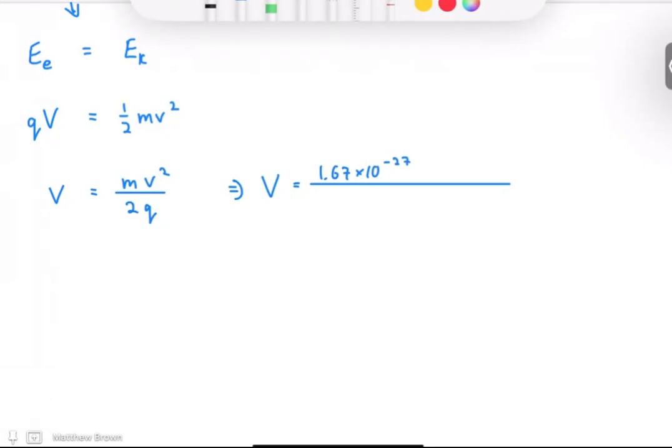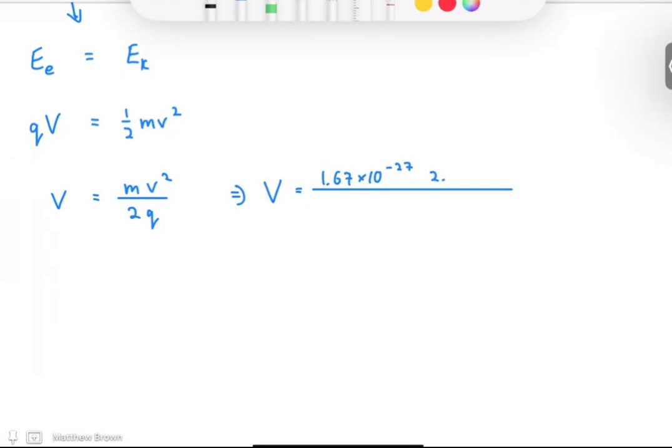Then I can take this number I just found, 2.878, divided by 2 times the charge, 1.602 times 10 to the negative 19.